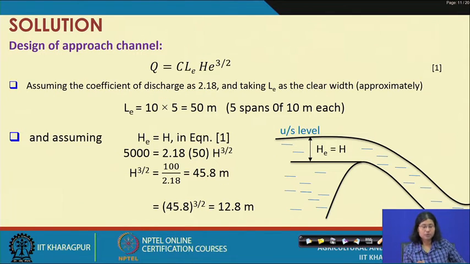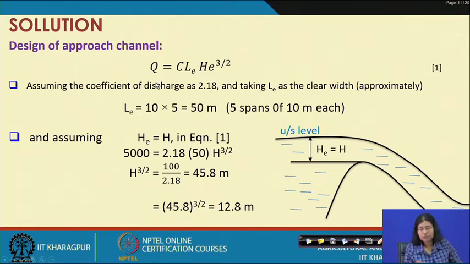So, first we go for the discharge, and we use the trial and error method here, to see whether our assumption is correct or not. If it does not follow the correct assumption, then we have to redesign our problem. First we calculate the design of the approach channel, the first component of the chute spillway.